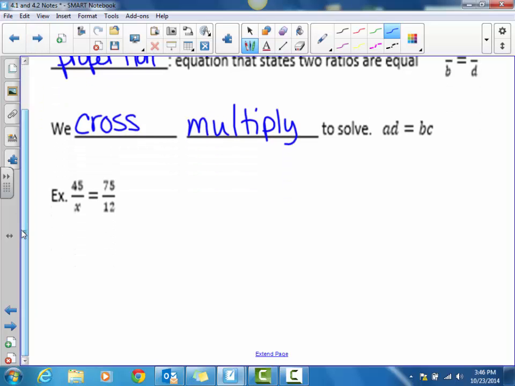So in our example, I have 45 over X equals 75 over 12. I'm solving for X. So I'm going to cross multiply.